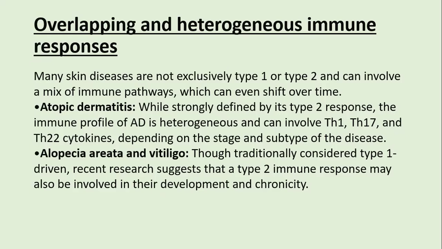However, it can involve T helper 1, Th17, and Th22 cytokines, depending on the stage and subtype. Similarly, alopecia areata and vitiligo are traditionally considered type 1 immune responses, but many times a type 2 immune response is involved in their development and chronicity.